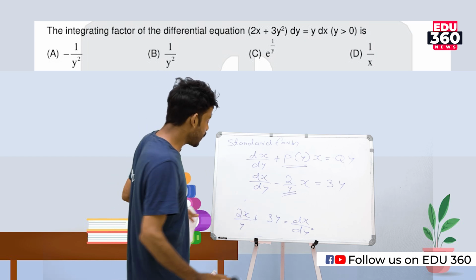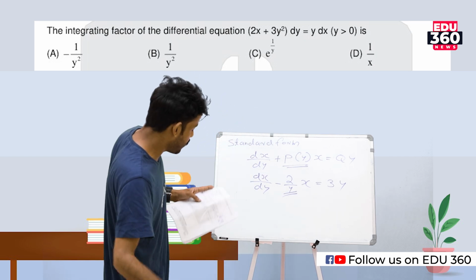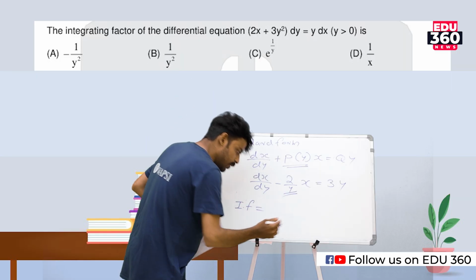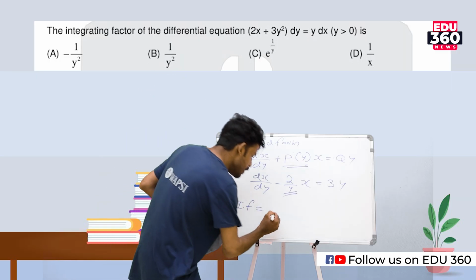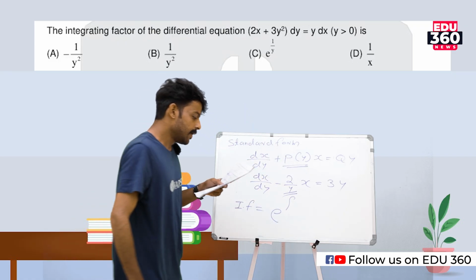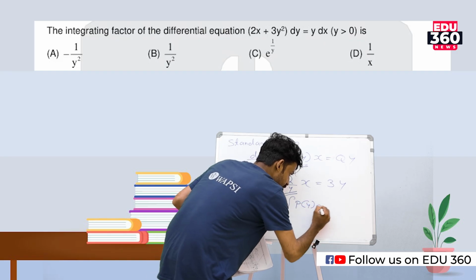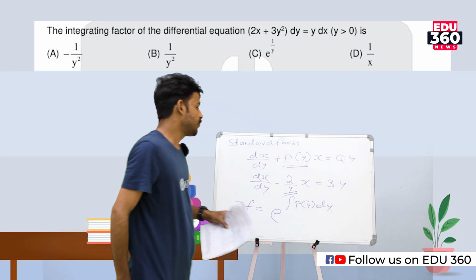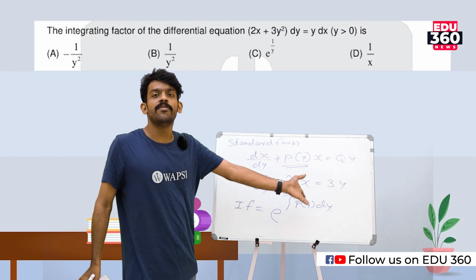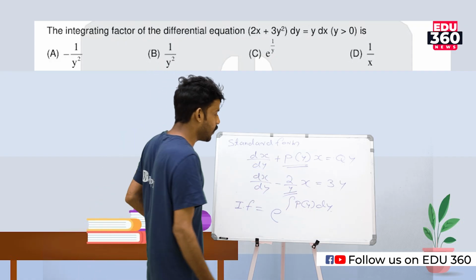Okay, so we know that the integrating factor IF is equal to e raised to the integral of P(y) dy. Just substitute the value of P(y). What is the value of P(y)? P(y) is equal to -2/y.